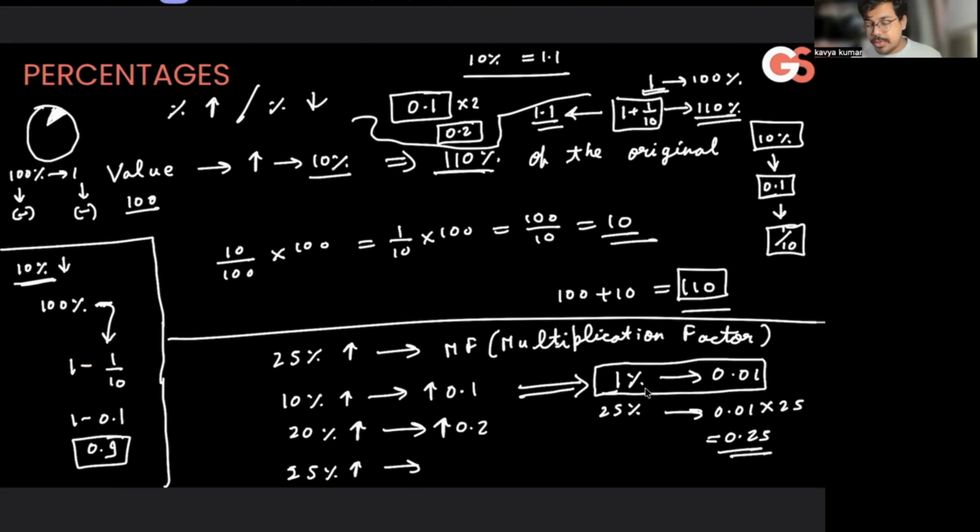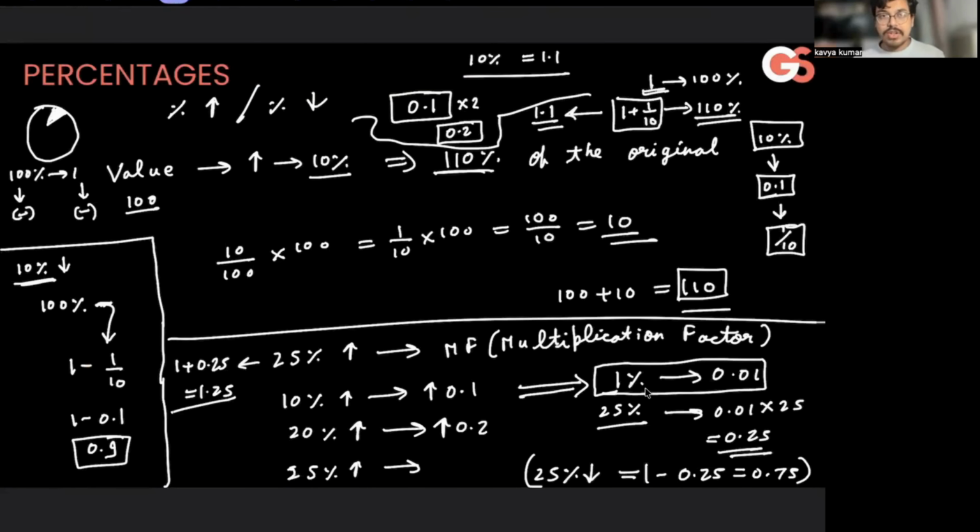If it is increasing by 0.01, and I'm asking 25% increase, the MF will become 1 plus 0.25. This becomes 1.25. And if there is a question of 25% decrease, it will become 1 minus 0.25, which is 0.75. So these are some of the basic concepts of percentage increase and percentage decrease.